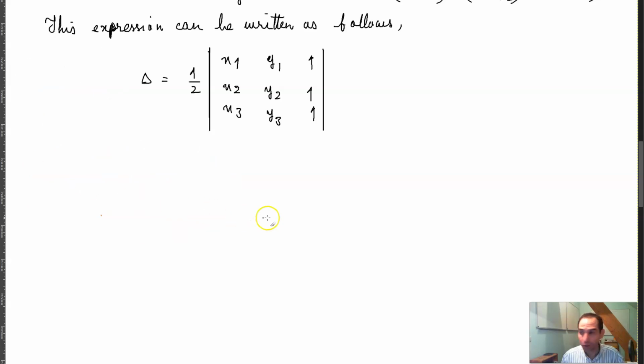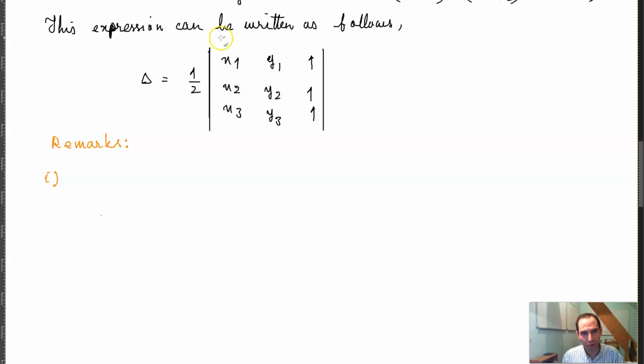So, remark number one. Since the area is a positive quantity, we always take the absolute value of the determinant.